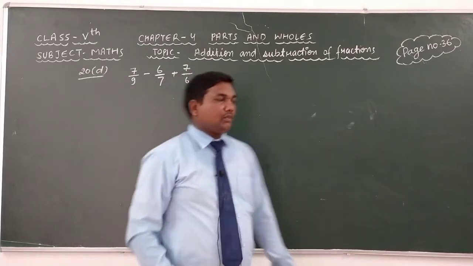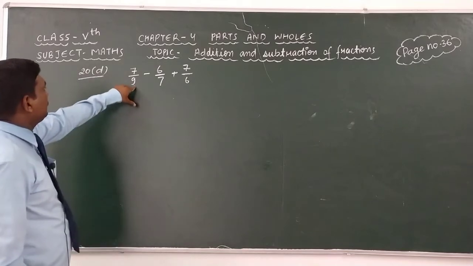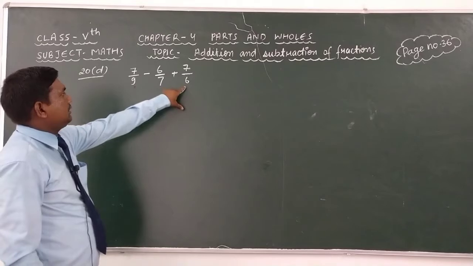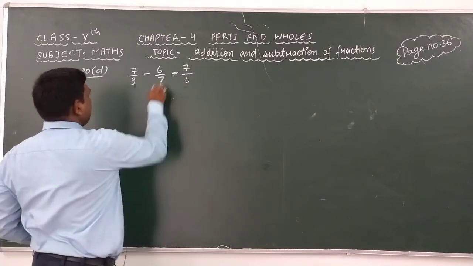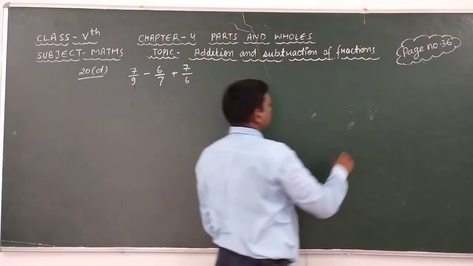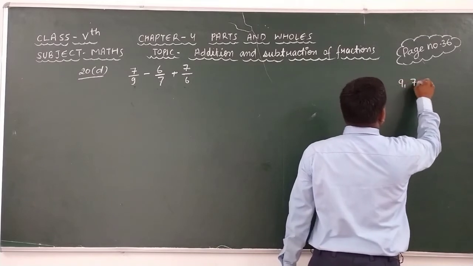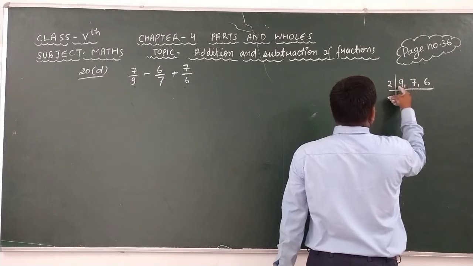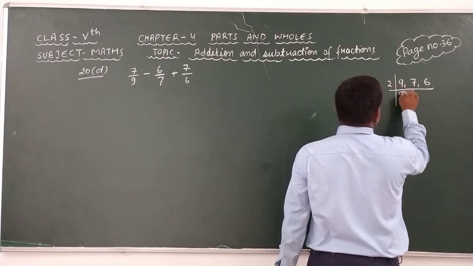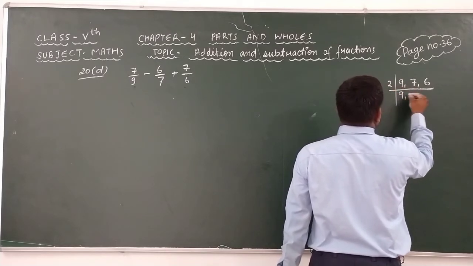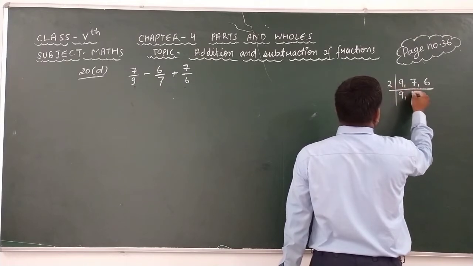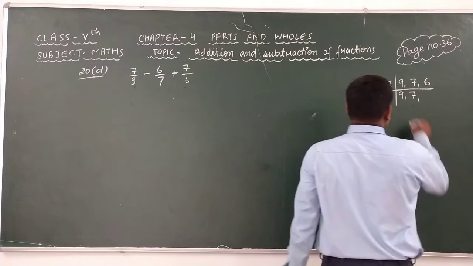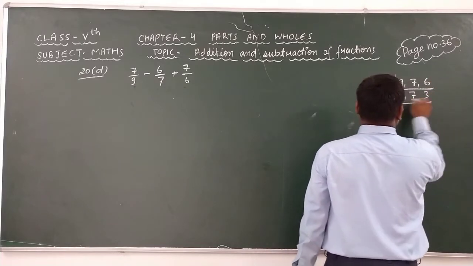Okay, look here carefully. Here 9, 7 and 6 are not the same denominators, therefore we can take the LCM of 9, 7 and 6. We know that 9 is not divisible by 2, so we write 9 the same. 7 is not divisible by 2, so we write 7 the same. 6 is divisible by 2: 2 3s are 6.